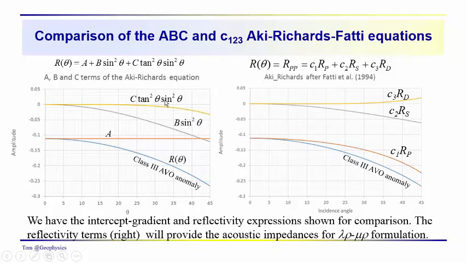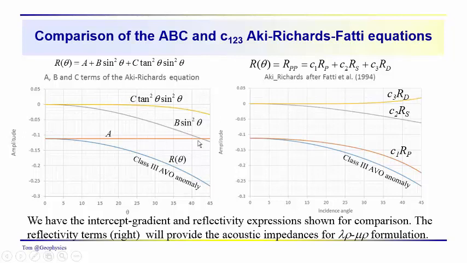For the curvature term, we see that not too much happens until we get out to the longer offsets. With the gradient, we see, in both cases, for a class 2 anomaly and a class 3 anomaly in this case, that the reflection coefficient basically becomes increasingly negative with offset.